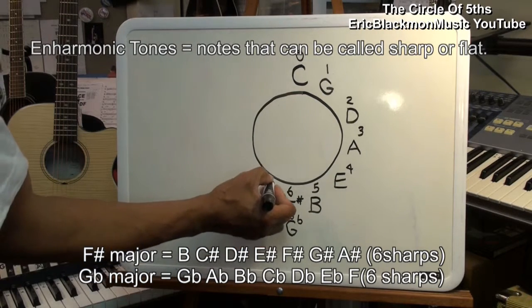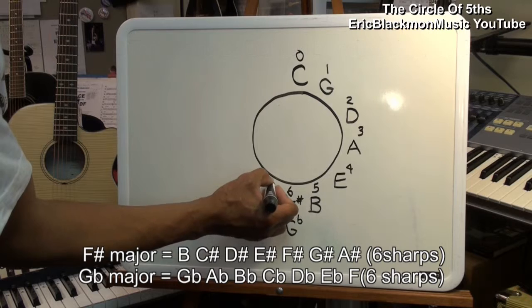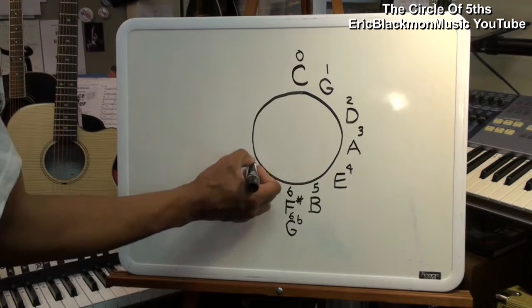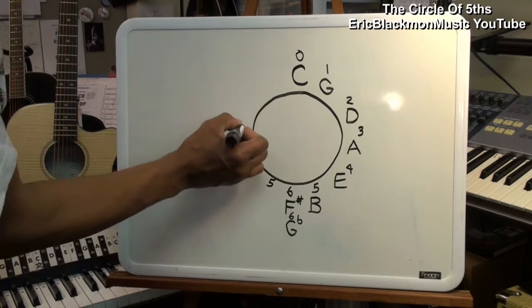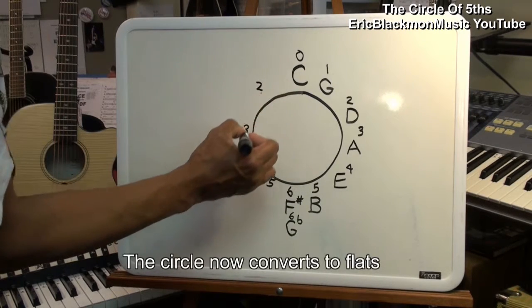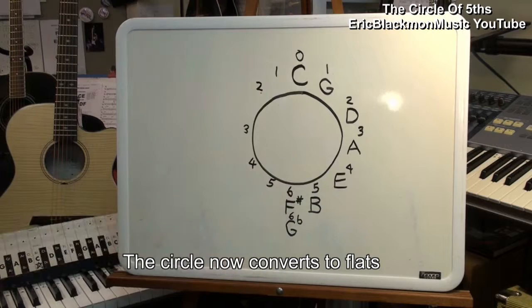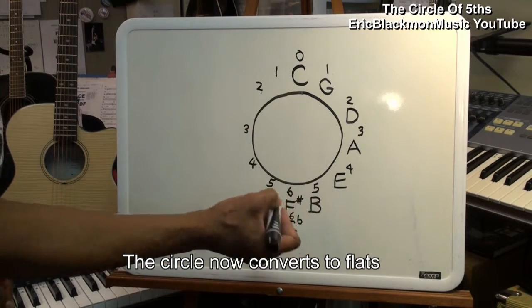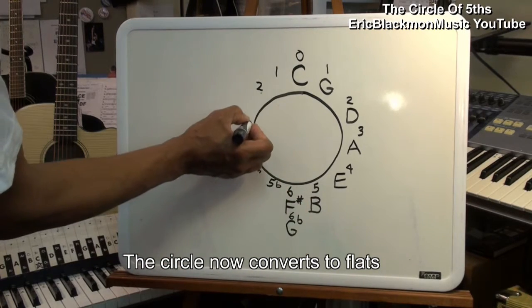Now we're going to go the other direction with 5, 4, 3, 2, 1, and we're going to be dealing with flats now. All these will be flats.